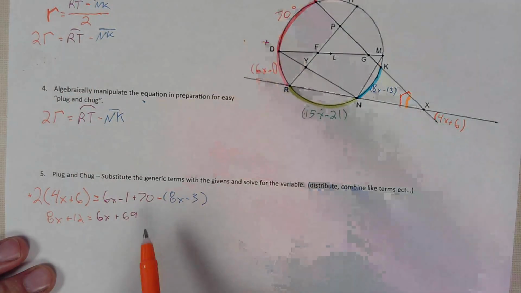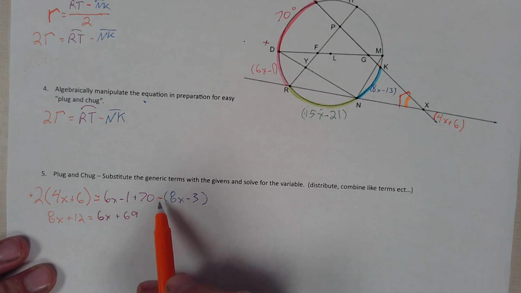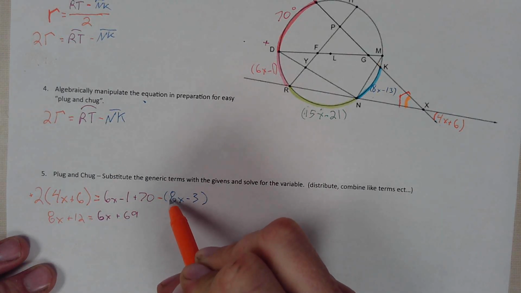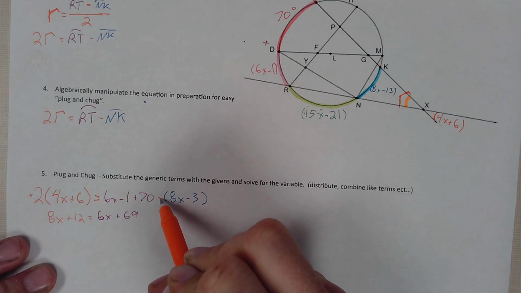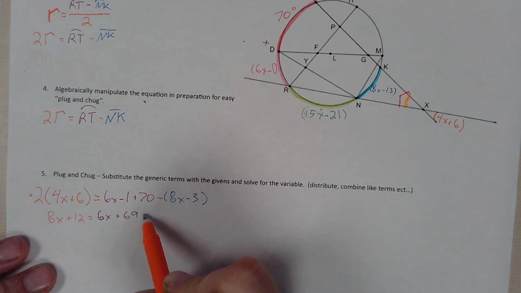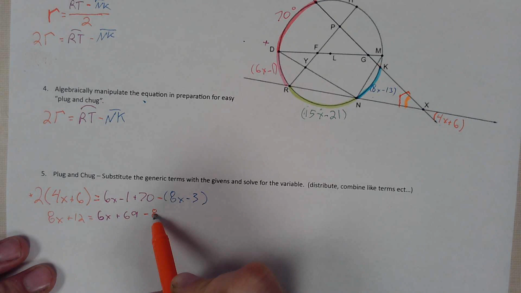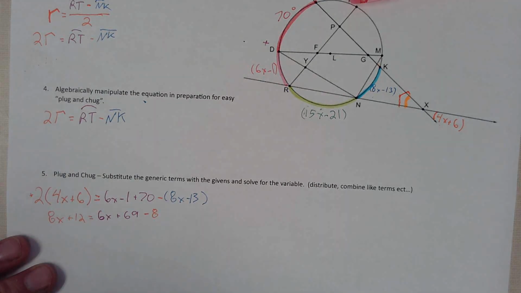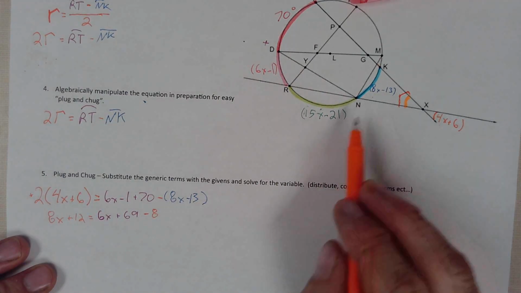Now this can be tricky here, this is where it gets a lot of people. Negative 1 distributed into the parentheses is negative 1 times 8 is negative 8. Oh, I made a mistake here. Look at that, 13. There we go. That was a transcription error that I made.